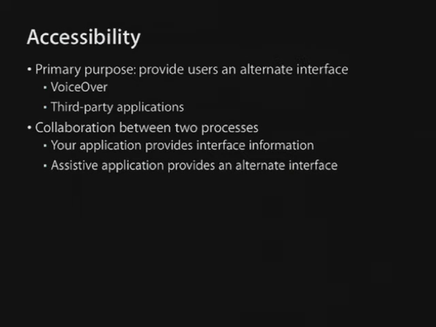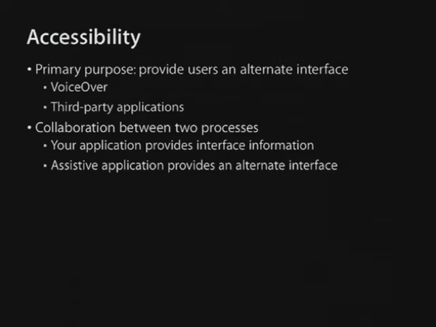Now, the way it works is it's a collaboration between two processes, your application and the assistive application. So your application provides accessibility information about what's going on in the UI, and then an assistive app like VoiceOver takes that information and presents a unified, specialized interface for users.